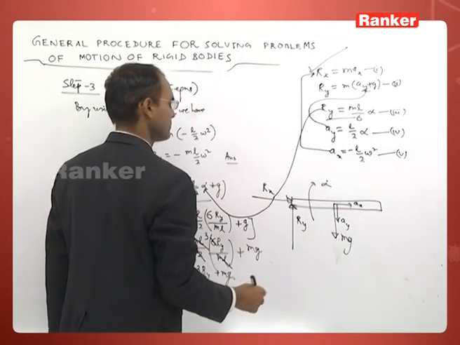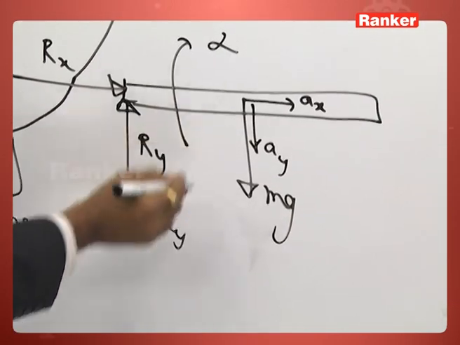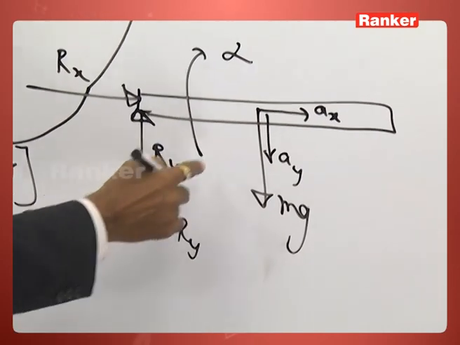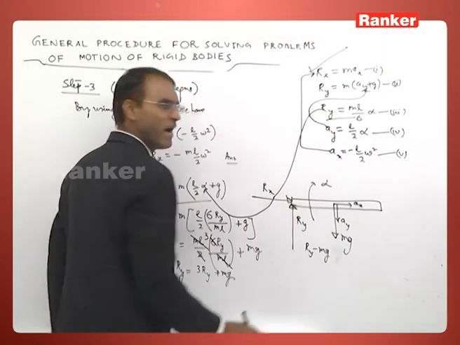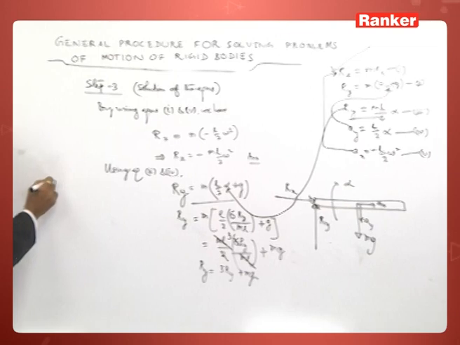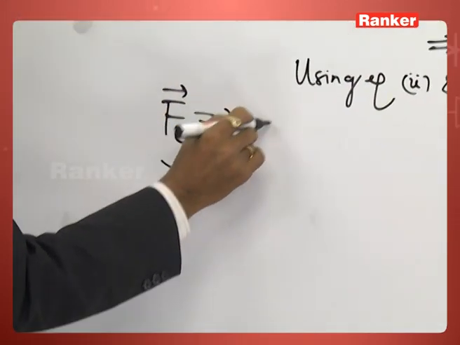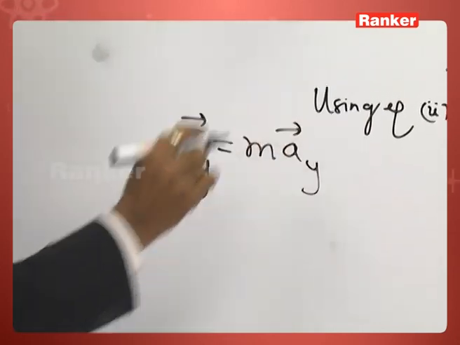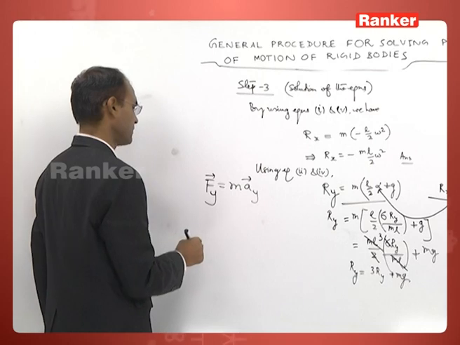Ry is up, net force along y direction, Ry. Mg is down, minus mg. Or you can just write net force along y direction is equal to mass times acceleration along y direction. Here there is a problem.